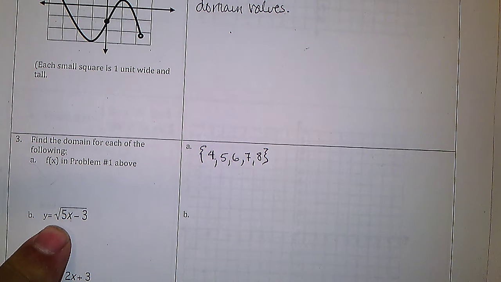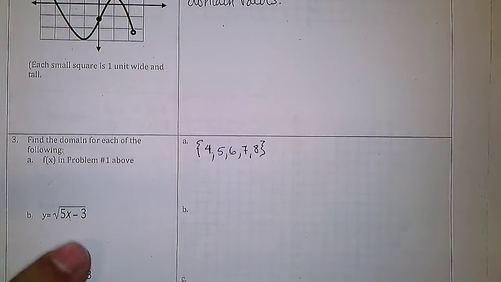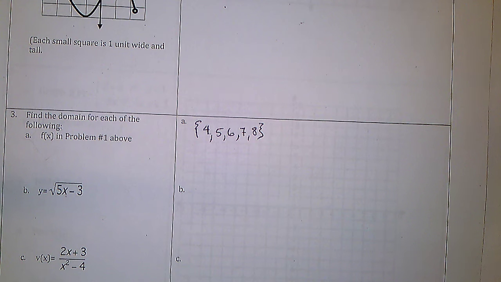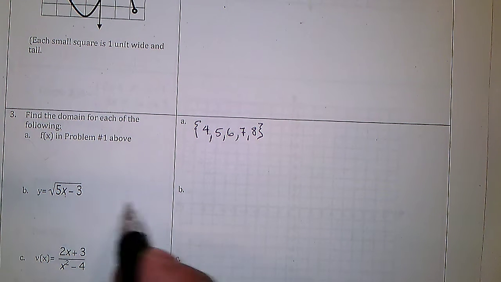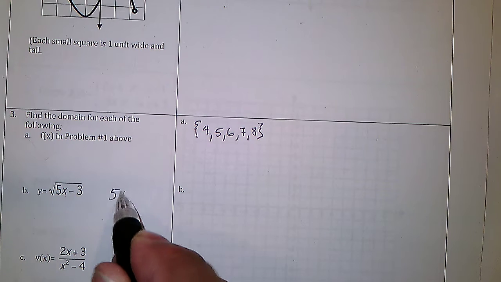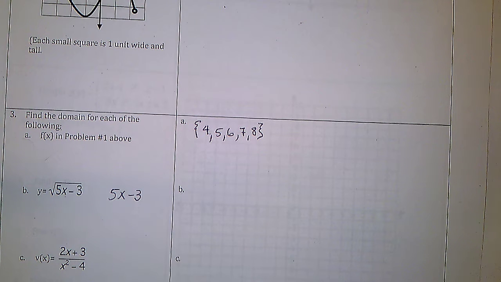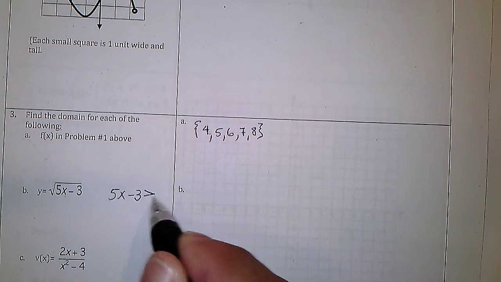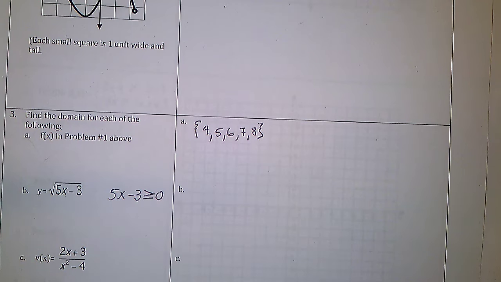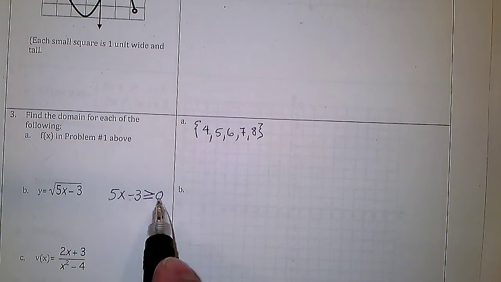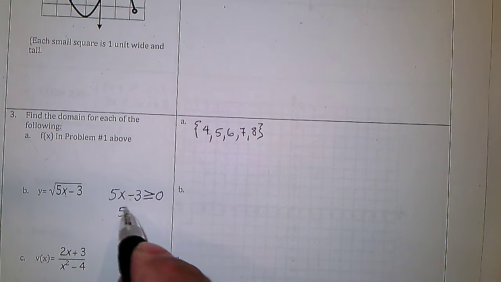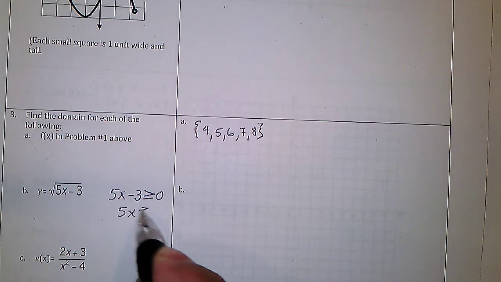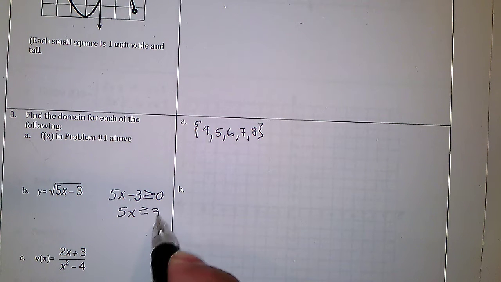Well, there's only 2 things you have to worry about for a domain. Can't have square roots of negatives, and you can't divide by 0. No division, and 5x minus 3 can't be negative. So what it can be is greater than or equal to 0. So if I add 3 to both sides, I get 5x is greater than or equal to positive 3.